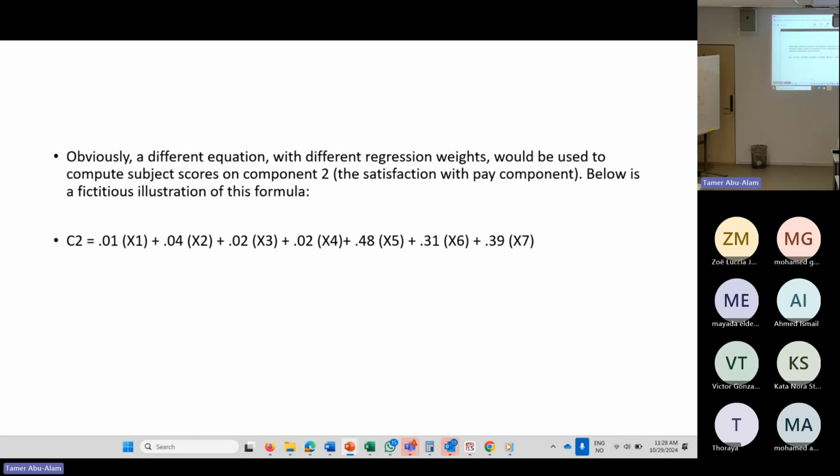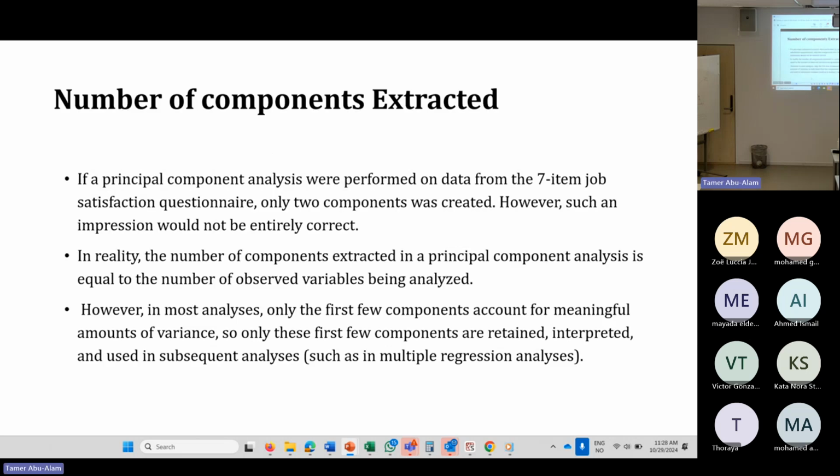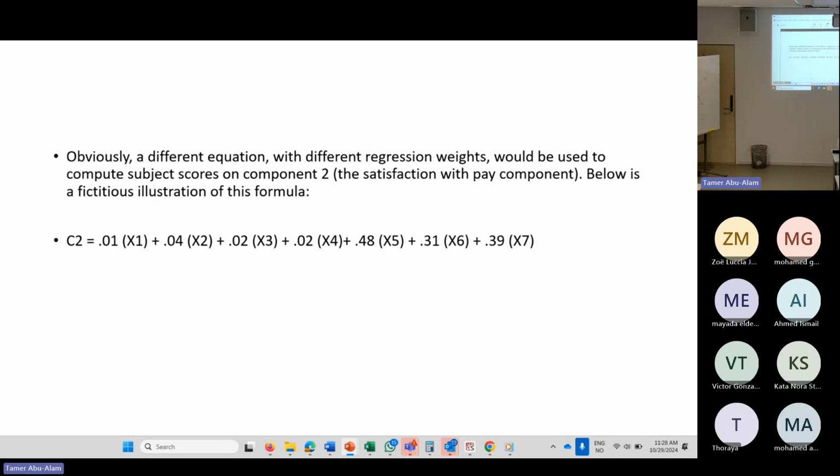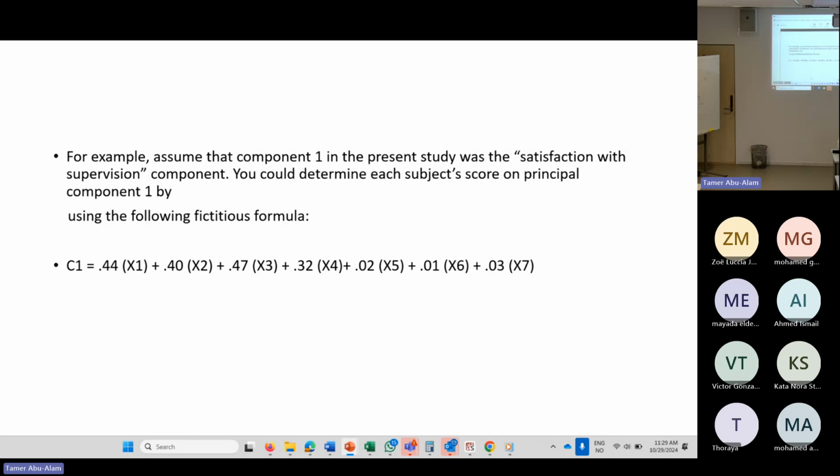What's the point here? The point is very simple: each component fetches information from the variables. So when you say that component 1 can include information from here, according to this equation, it includes information from x1, x2, x3, x4. x5 is not really included because it's 0.02.